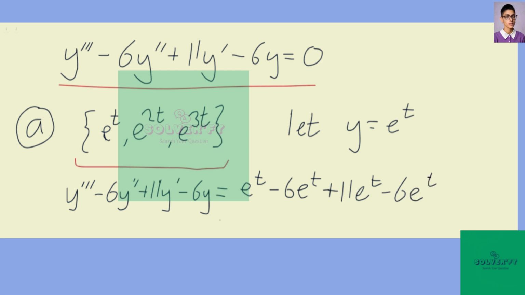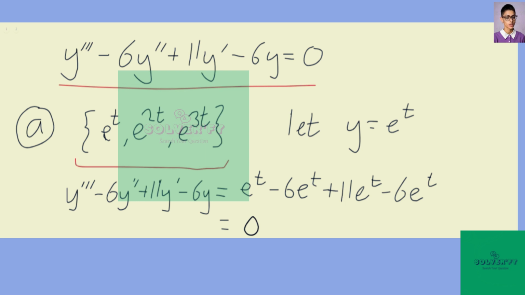So these are all terms of e to the t. So we've got 1 e to the t minus 6 e to the t, that's minus 5, plus 11 is plus 6 e to the t, and then minus 6 e to the t gets us to 0. So y equals e to the t is definitely a solution.